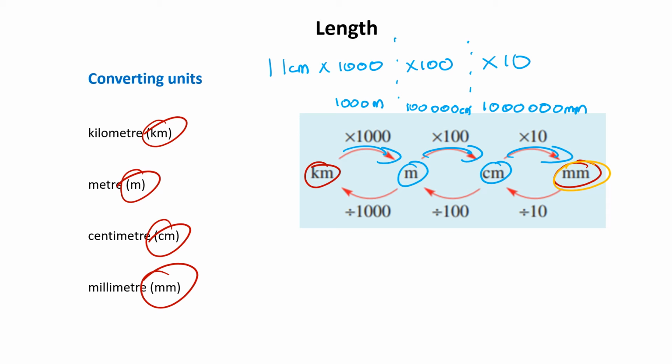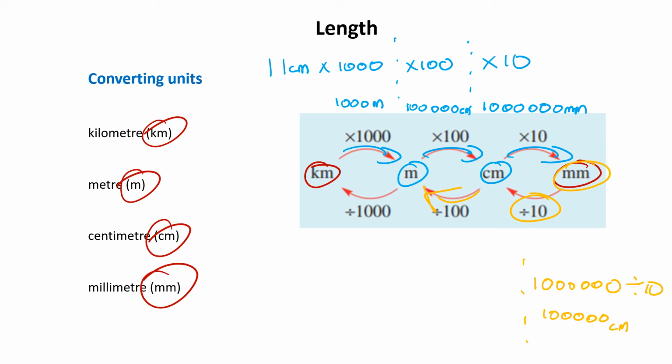Okay, now if I went the other way, so if I started here and I want to go to kilometers, let's do that. I'd be going 1,000,000, and I'd be dividing it by 10, because that's what I'll be doing at that point. And that would give me, this is not going to be as clean, unfortunately, 100,000 centimeters. Then I divide by 100. Let's actually write that here.